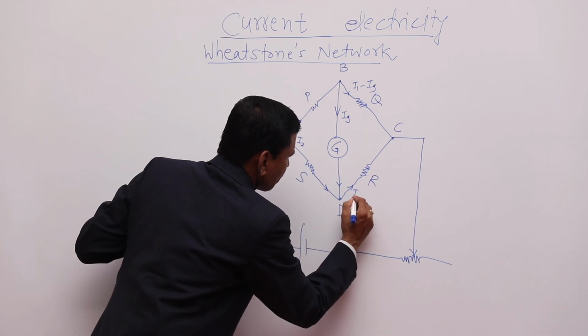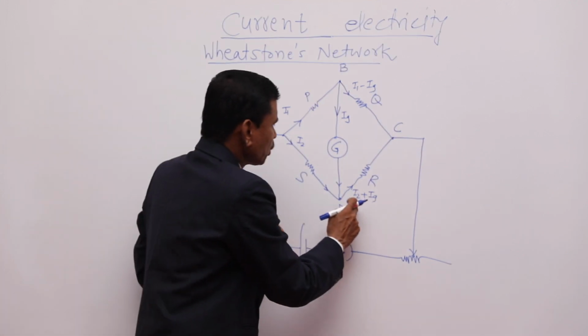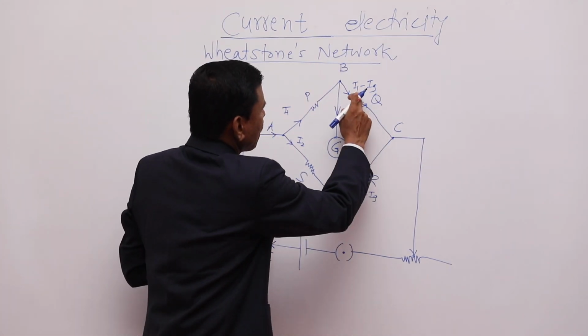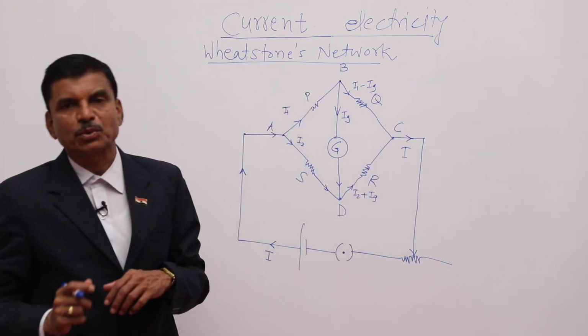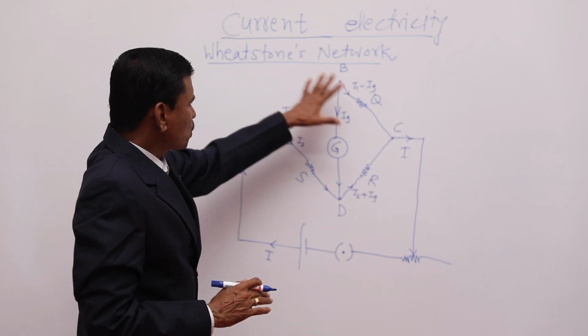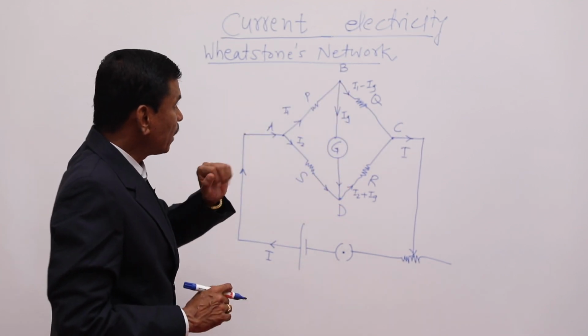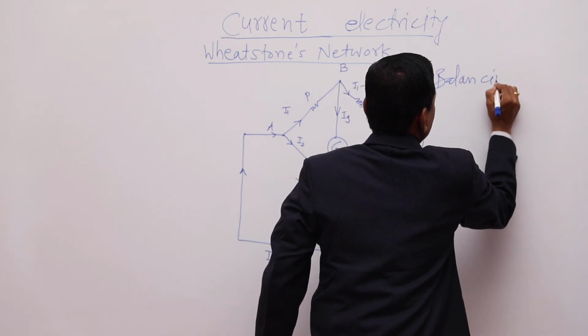So this current will be I2 plus Ig, and I2 plus Ig and I1 minus Ig, that is I1 plus I2, that is I current, will come back to the negative terminal of the battery. So we have shown the Wheatstone network, and now we want to find the balancing condition.